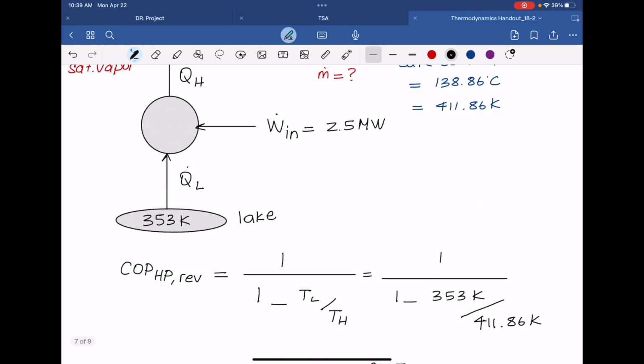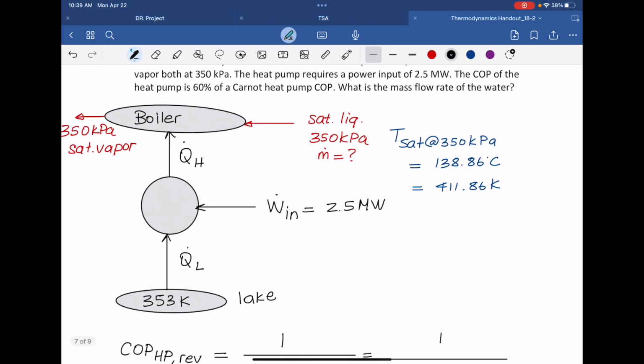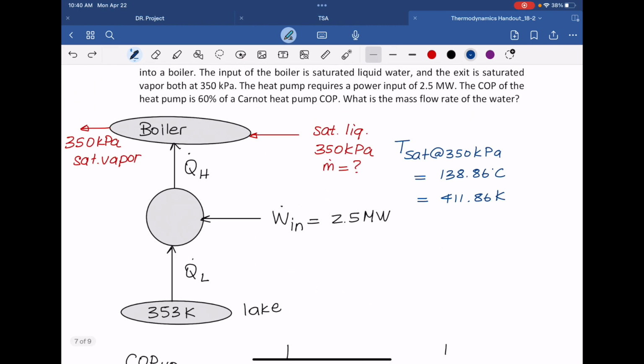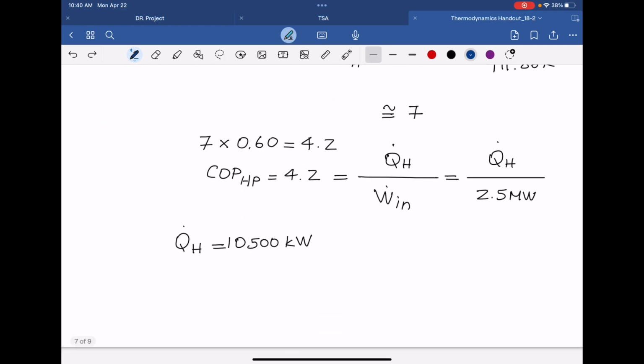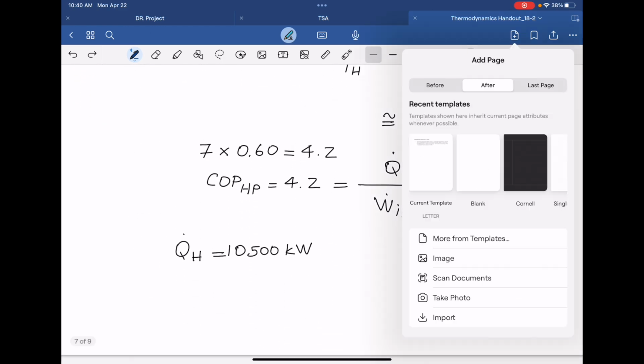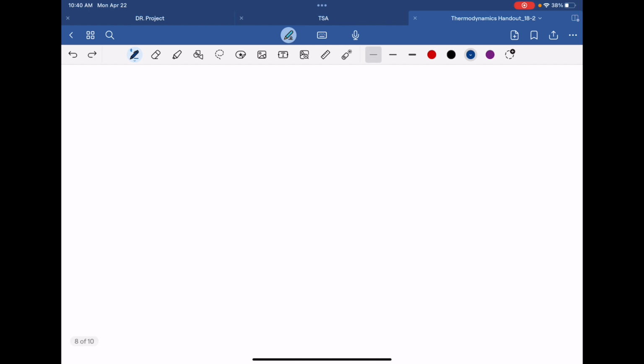Now you know that heat is getting in, right? Which is causing a change from one state to another. It's basically a phase change going on due to that absorbed heat. And if we want to write the energy balance on the boiler, which is an open steady flow device, mass is getting in, heat is getting in, and mass is getting out. Now, how do we write energy balance for a steady flow device?